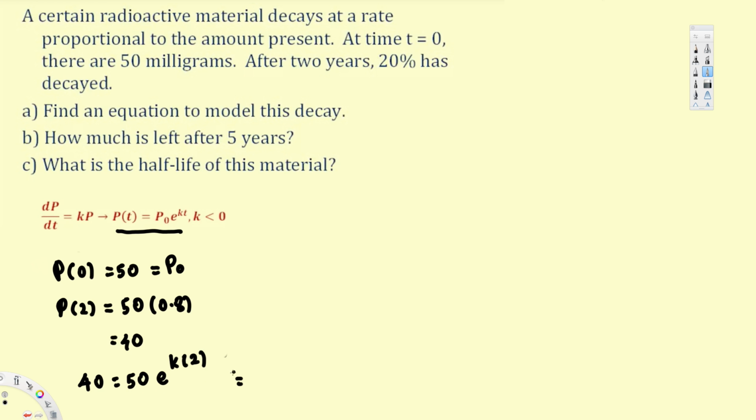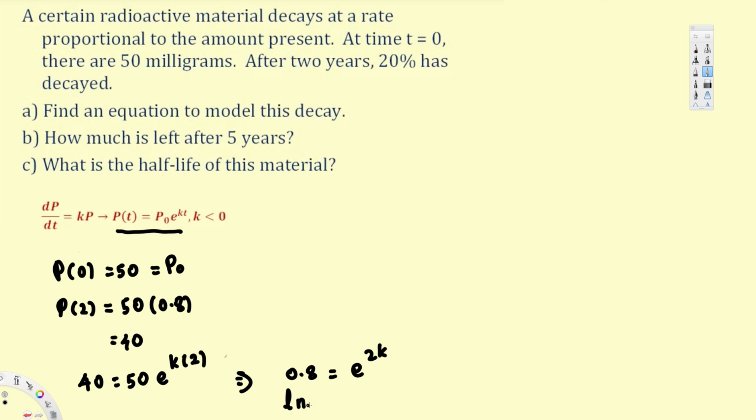Now let's simplify. If you rearrange, this is 40 divided by 50, that's 4 over 5, that's 0.8, and that's equal to e to the power 2k. Now to get rid of this e, we can take ln on both sides.